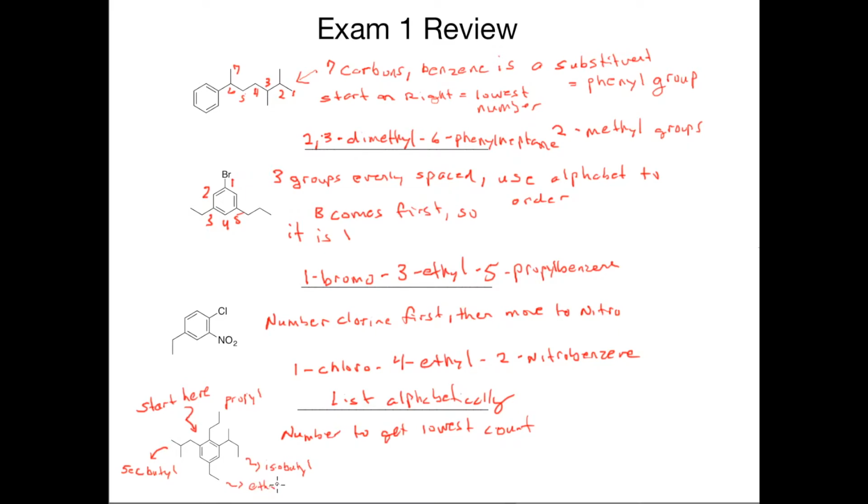So now I'm going to start there and number to give me the lowest overall number, and we're going to list them again alphabetically. So if I put the sec-butyl there first, it starts with a B, so we don't count the sec part for our alphabetization.